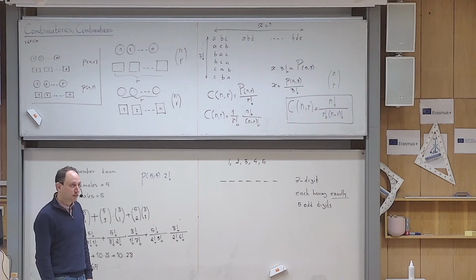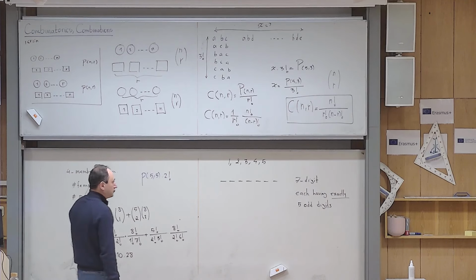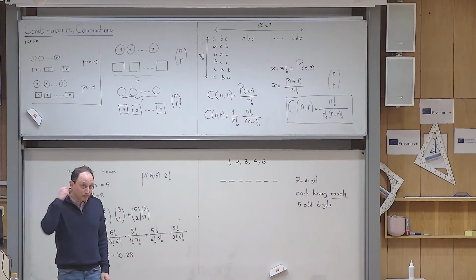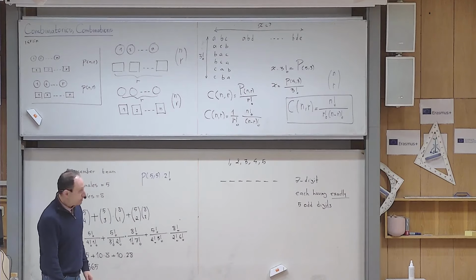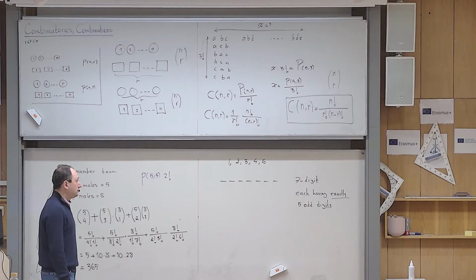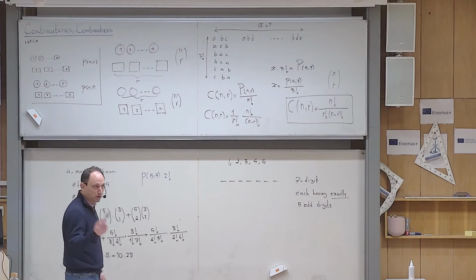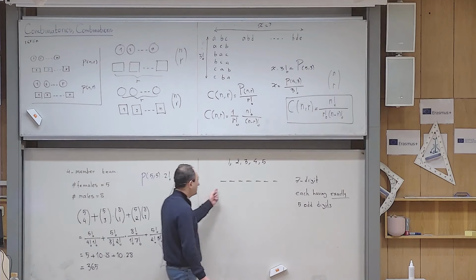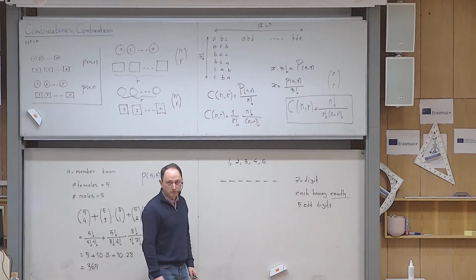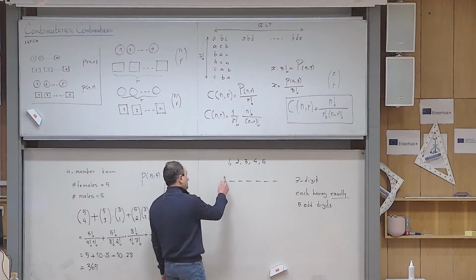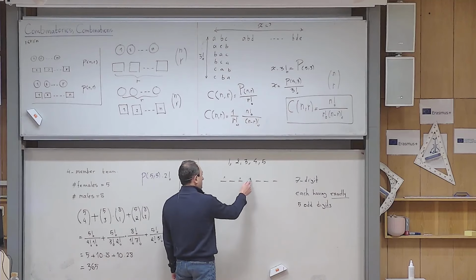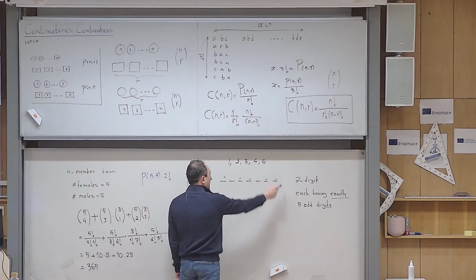Okay, so let us think about it. How do you think about the problem? I would say that I want to have 5 odd digits. So I will take my marker and mark 5 of these locations. For example, this, that, this, and that.